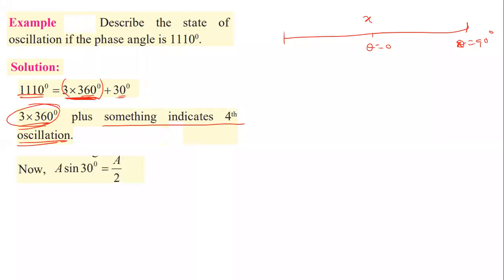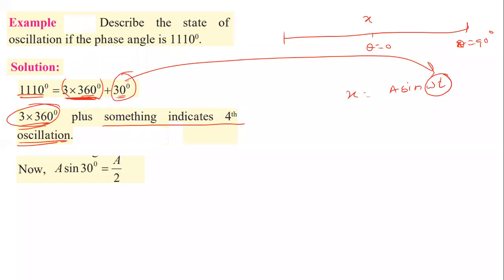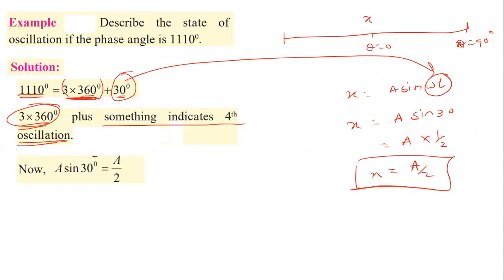Now, if we substitute here, x is equal to a sine omega t. So here the phase omega t is 30 degree. If we substitute, we get x is equal to a sine 30. Sine 30 is 1 by 2, so x is equal to a by 2. Let us show it by blue line here. x equal to a by 2 means here theta is 30 degree.